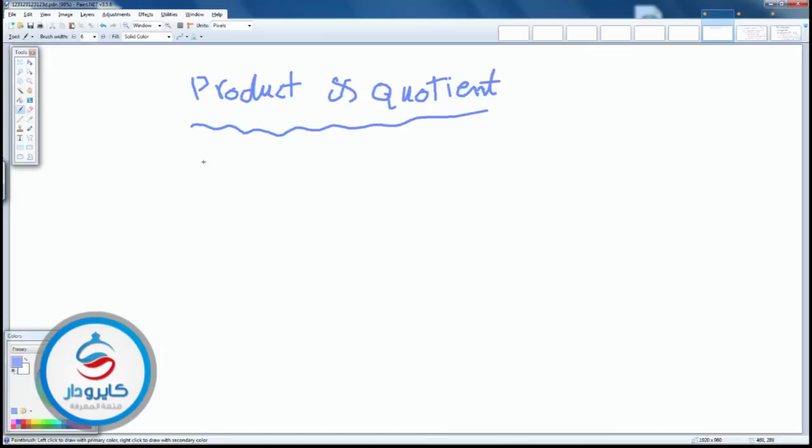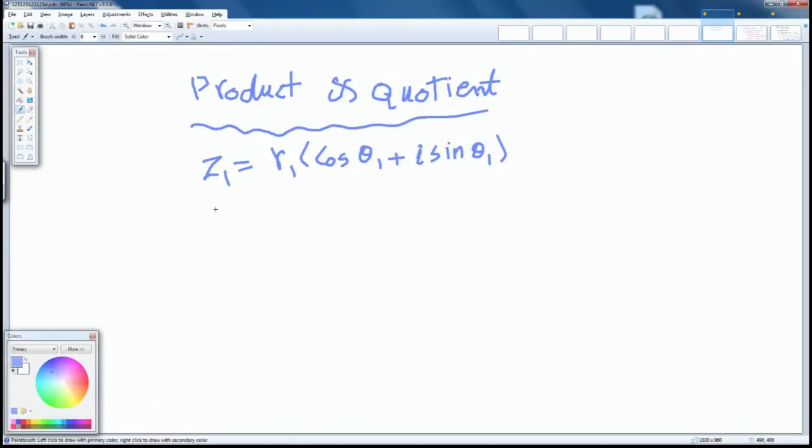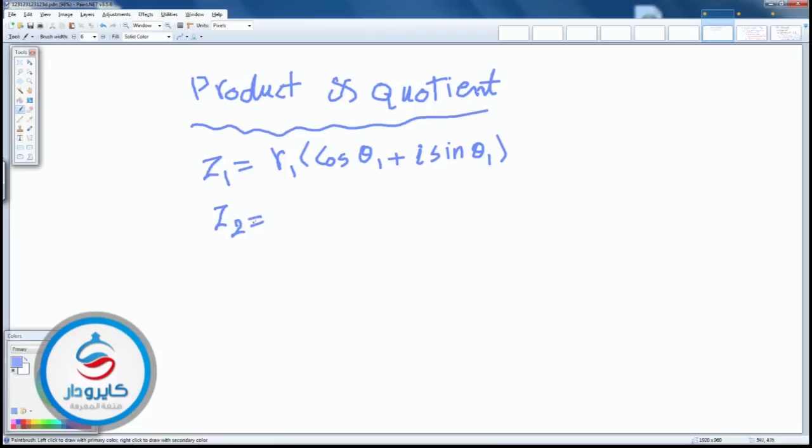If we have Z1 equals R1 cosine theta 1 plus i sine theta 1 and Z2 equals R2 cosine theta 2 plus i sine theta 2, then what?